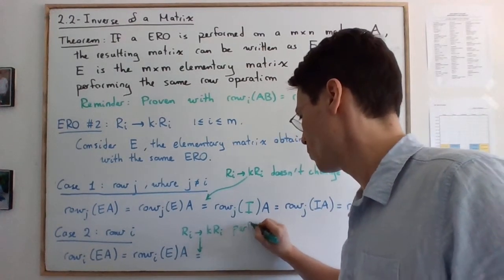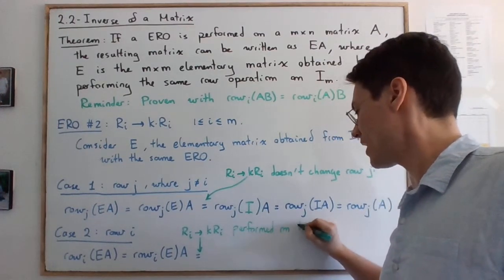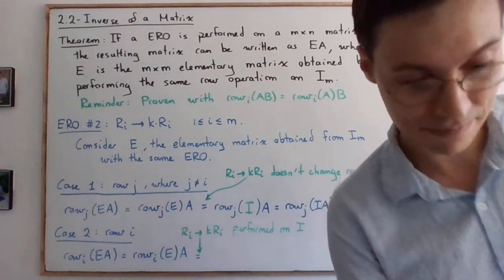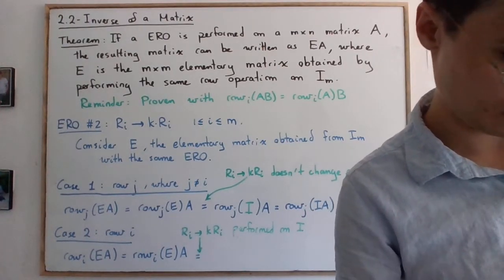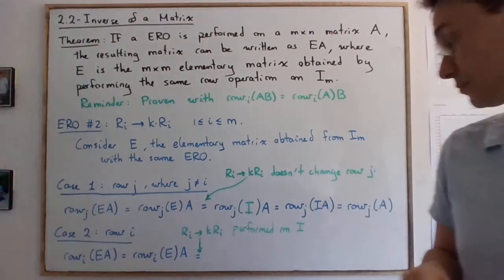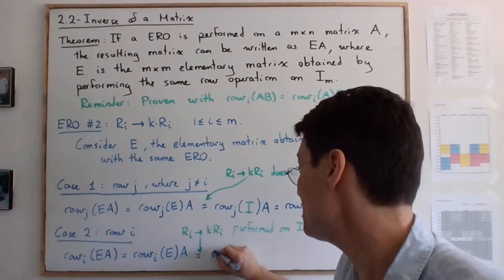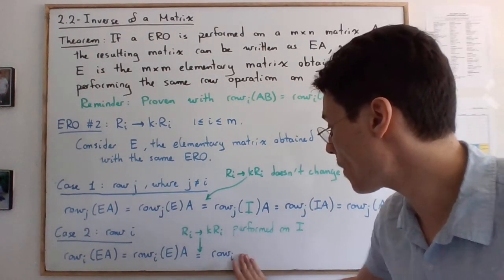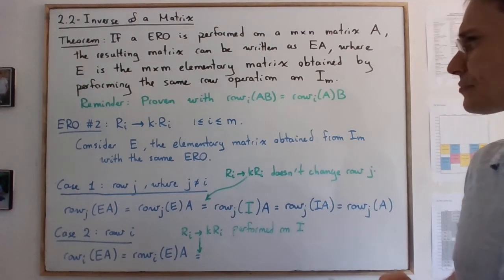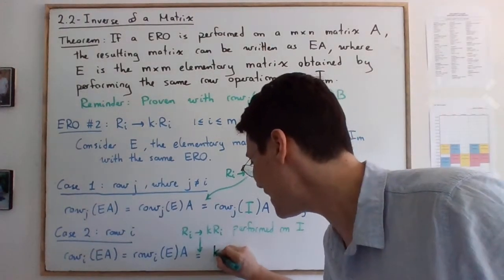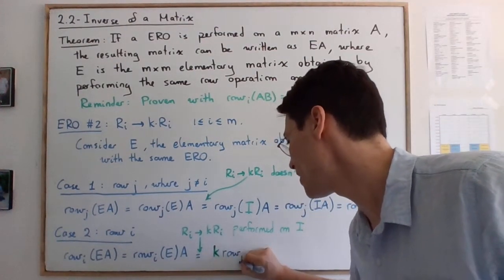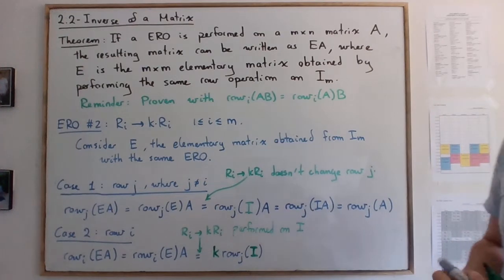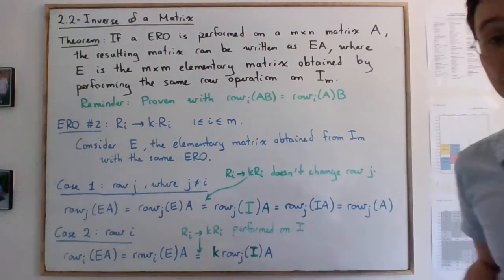So this means that it's going to be k times the row i of I, and then we have A over here.